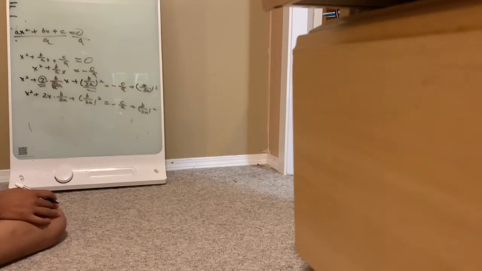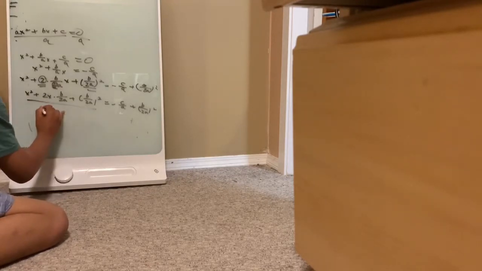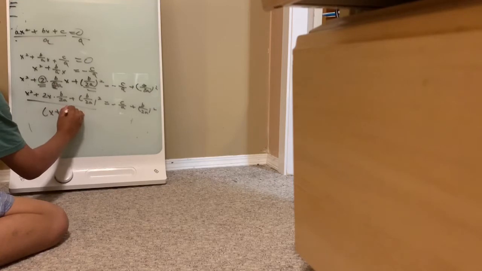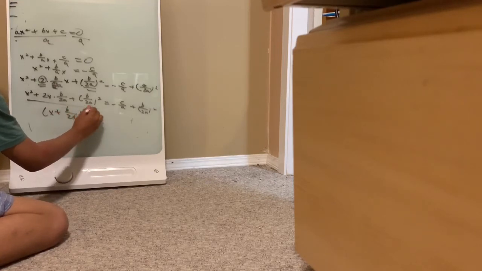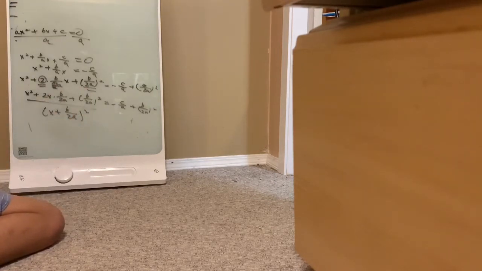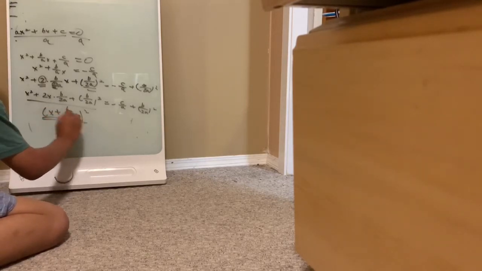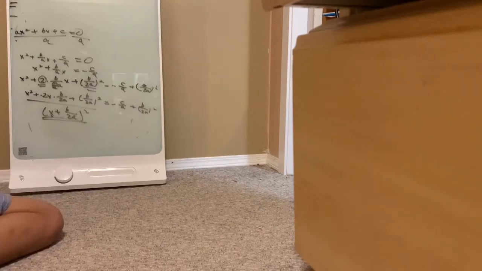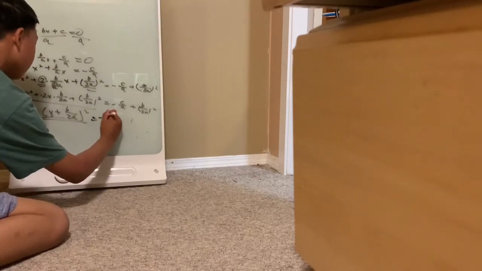And then, with some simplification, we can know that this is equal to this. Yes, with some attempt, you are able to find that this is equal to this, and the right side is still this.